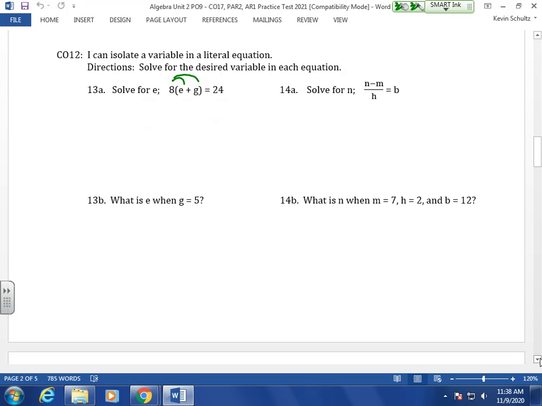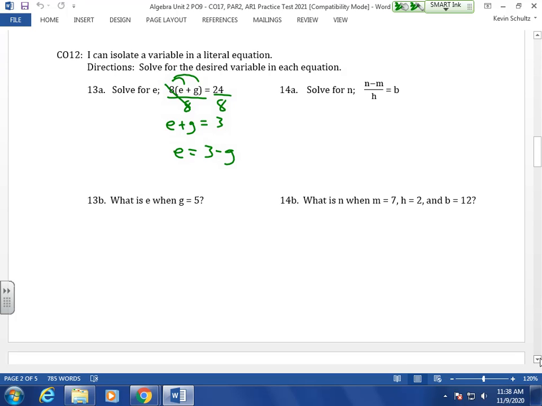Right, since we're multiplying the parentheses by 8, the opposite would be dividing by 8. Kind of like what we do with absolute value. When you can't distribute in the absolute value bars, we use that same idea here. Divide by 8, that gives us e plus g equals 24 divided by 8, which is 3. And now, all it requires is subtract g from both sides, and you get 3 minus g.